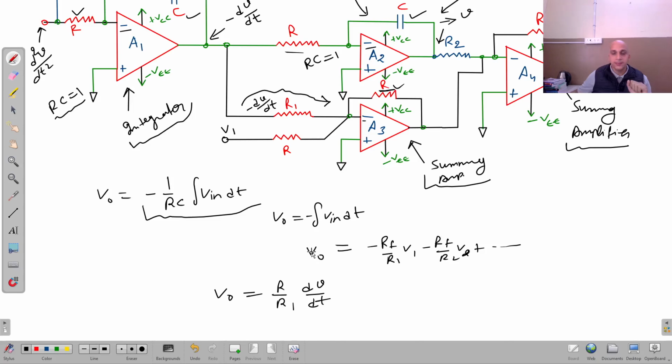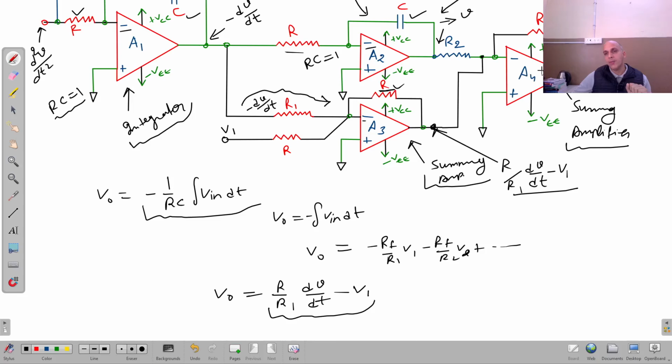Then the second term is minus R upon R1 and b1, right? So I got this output at this point, right? At this point I got R upon R1 into dv upon dt minus b1. This is the output. Now this output is applied to this terminal, right?